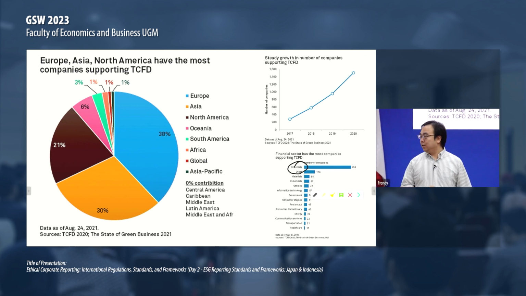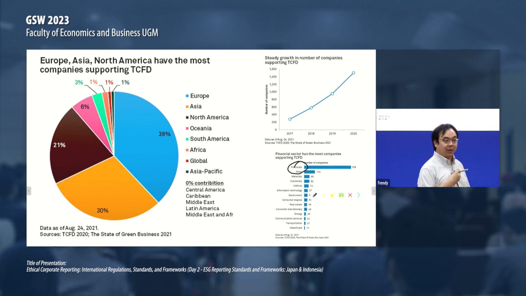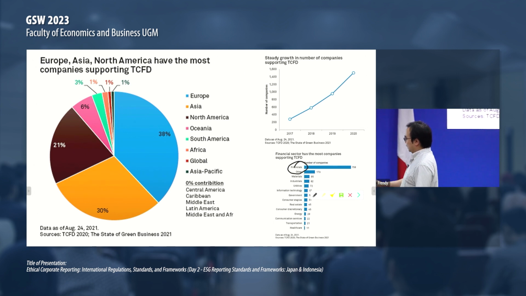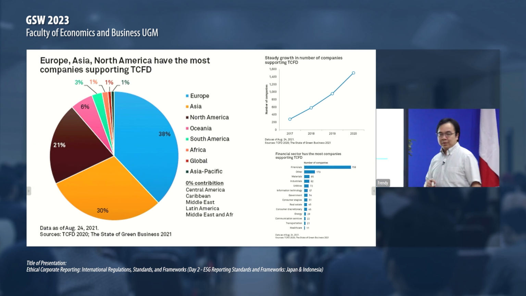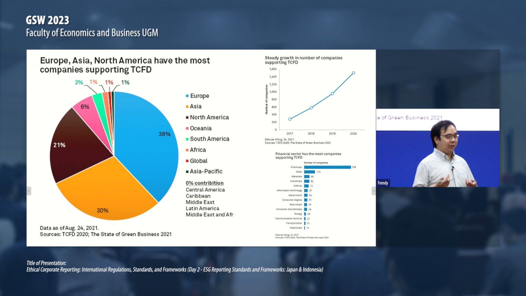The overwhelming number of companies that apply TCFD belong to the financial sector. Okay, so this is one standard that you want to pay attention to if you are particularly interested in the financial industry. Okay. All right.